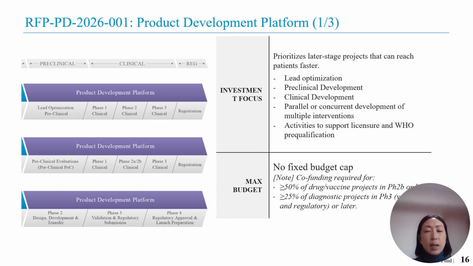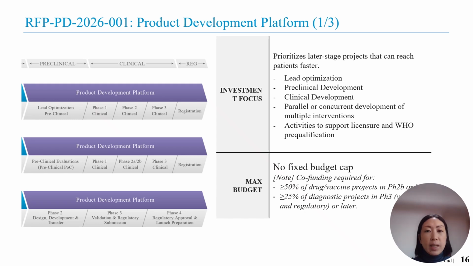This includes lead optimization, preclinical and clinical development, up to activities that support the regulatory approval, including WHO pre-qualifications. Unlike TRP, PD does not have a fixed budget cap. Many PD projects have received more than 100 million Japanese yen, depending on the development stage and the scope.